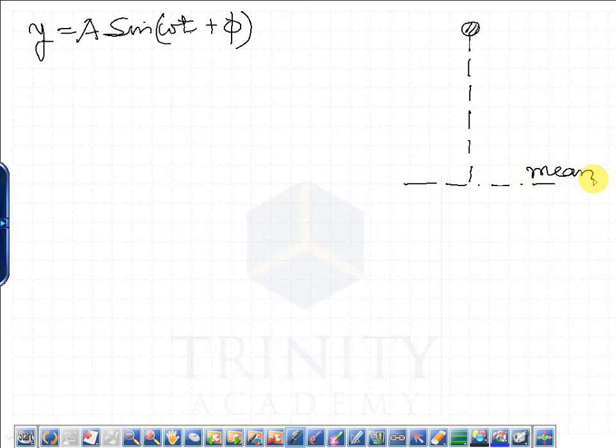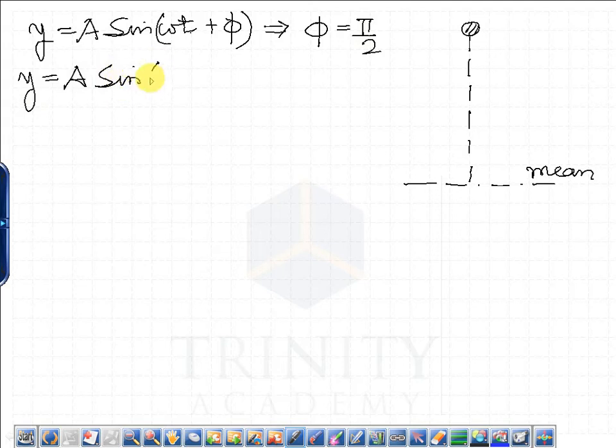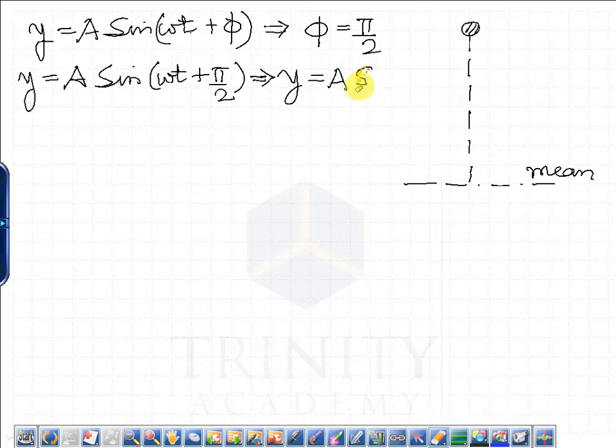So we can say that phi is equal to pi by 2 radian. So the equation of SHM will become y equal to a sine(omega t plus pi by 2). That gives the equation of motion in SHM for this situation as y equal to a cos omega t.